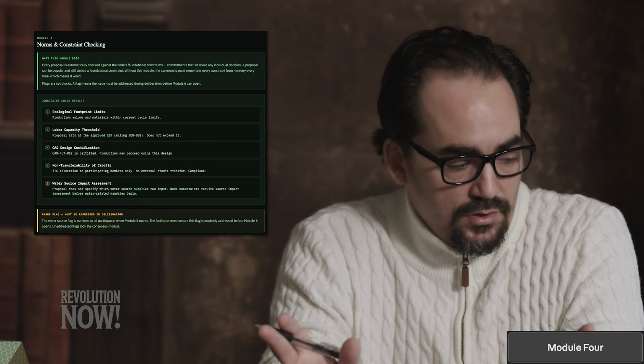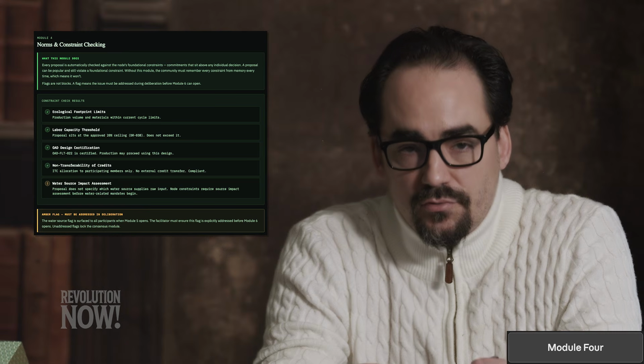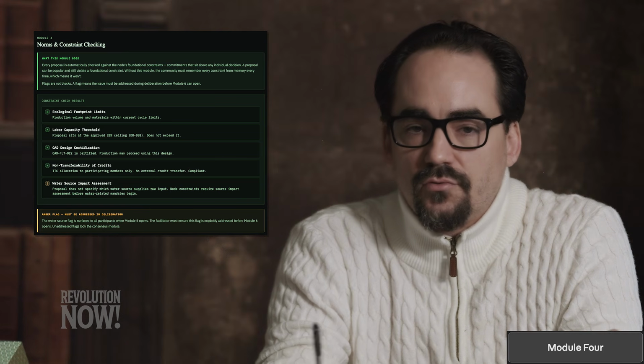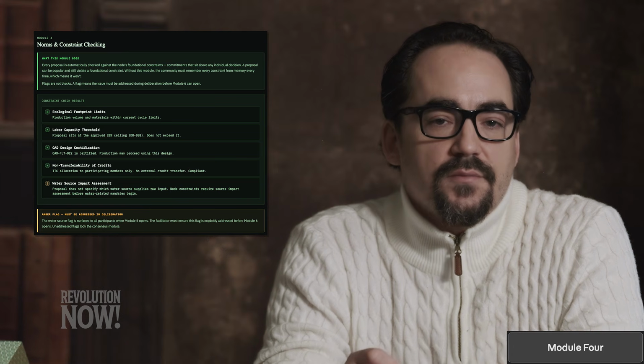While also referencing any constitutional constraints or constitutional rules that the node sets up for themselves. So like Module 3, which is taking in relevant context information, Module 4 is pulling in constraint data, and all this is going to be very, very helpful when the humans come together in Module 5 for debate and conversation, being as informed as they can be.